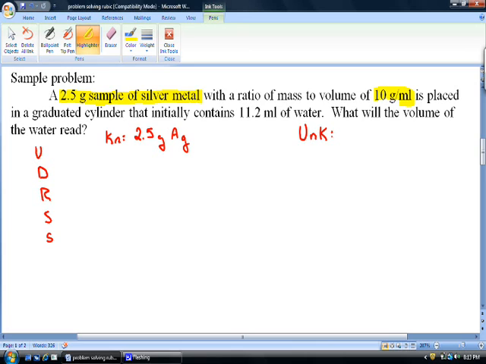This is an important piece. We're going to jot it down. 10 grams per 1 milliliter. That really also means that 10 grams equals 1 milliliter. That kind of looks like a conversion factor now.